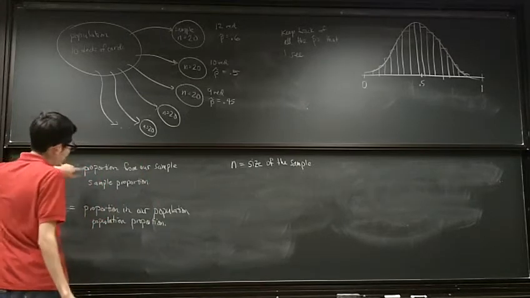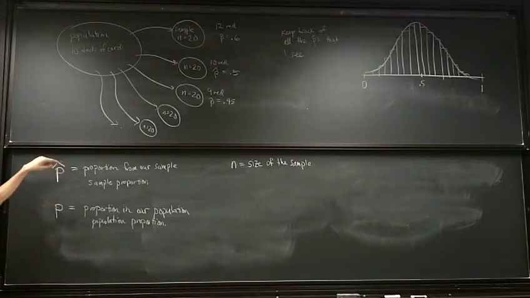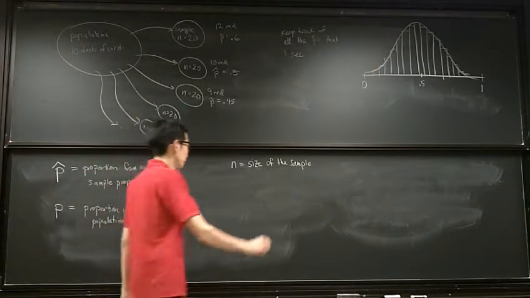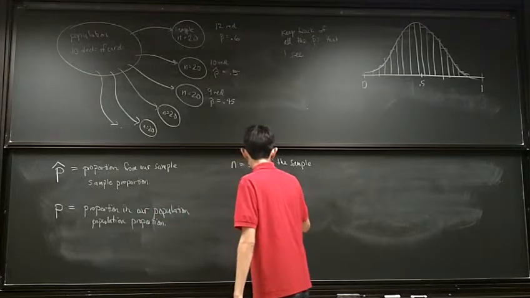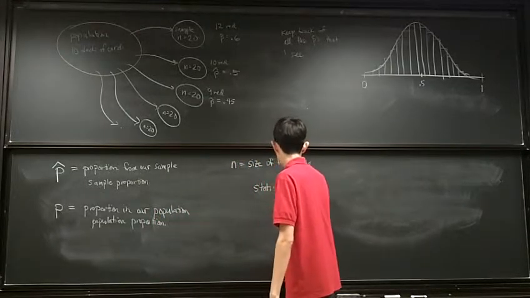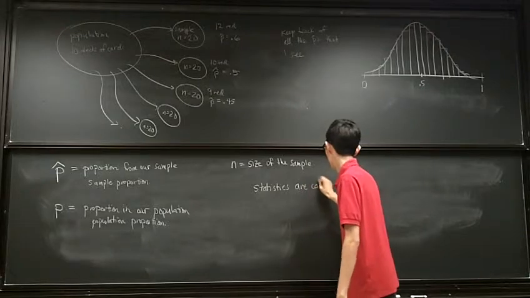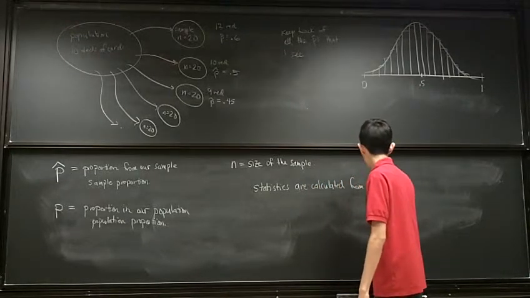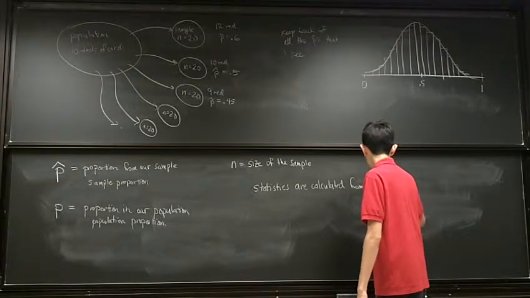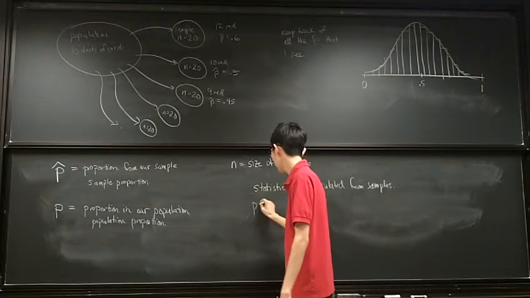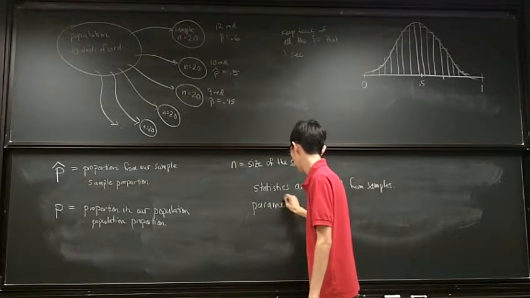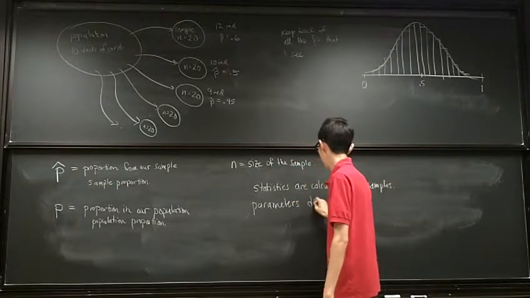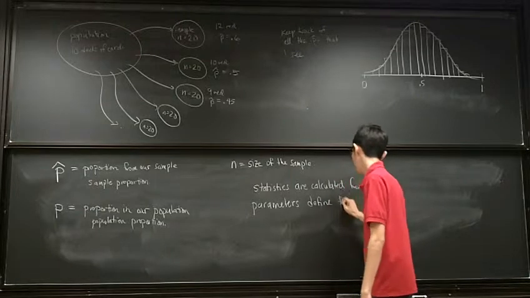Okay. Anything that comes from a sample is known as a statistic. Anything that describes the population is known as a parameter. Okay? So statistics are calculated from samples and parameters define the population.